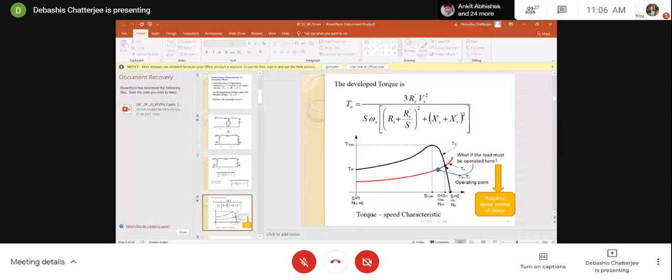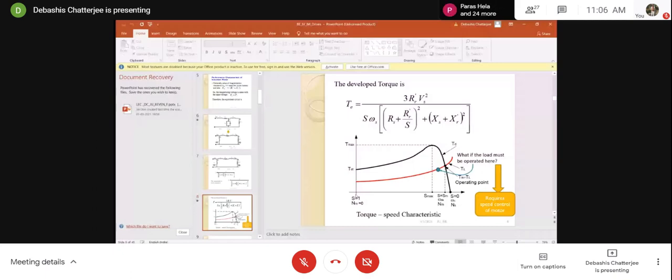By definition it is the per unit difference of rotor speed from the synchronous speed. So when omega r is 0, you get slip equal to 1. Slip greater than 1 is actually a situation in the braking region, where omega r is negative, in omega s minus omega r.